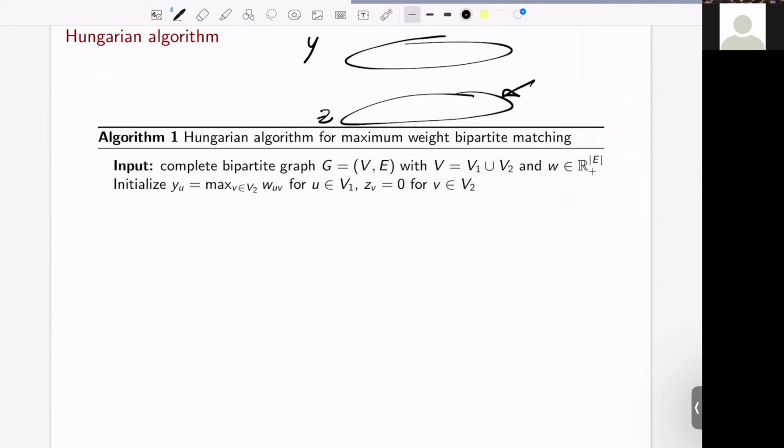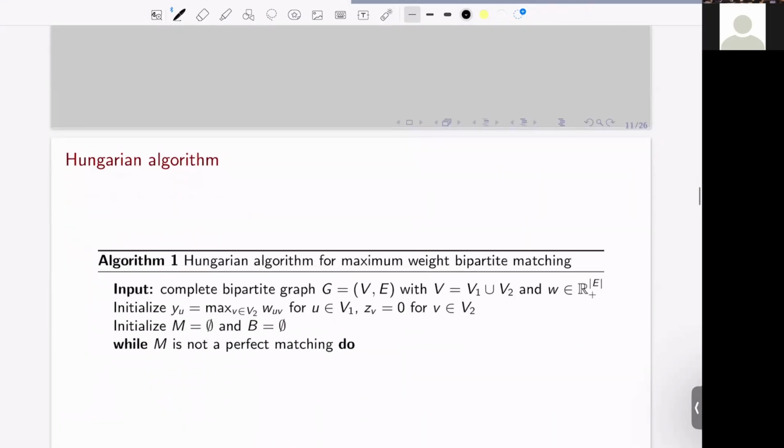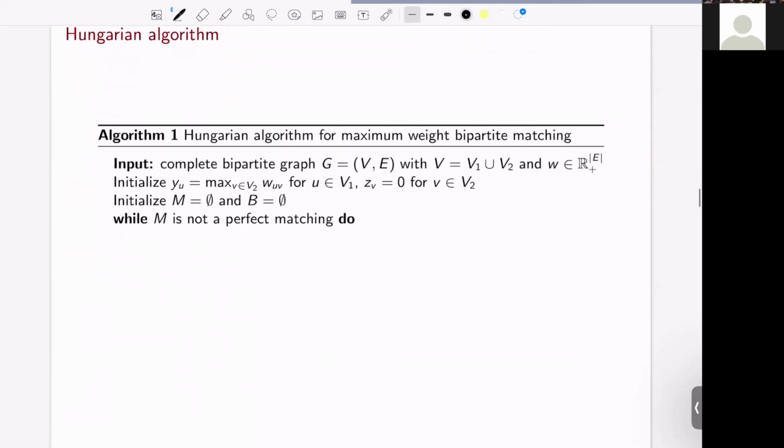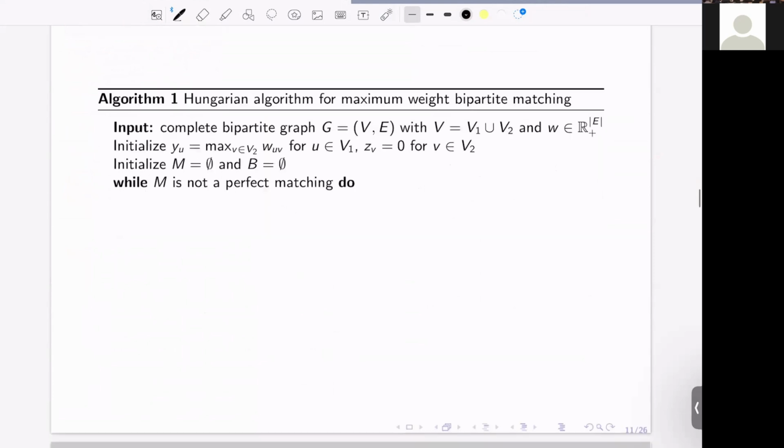And for y values, I take the maximum weight of the neighboring edges. That gives you the first, straightforward, feasible solution. Then we start with an empty matching and empty vertex cover. And until we compute a perfect matching, we do the following.